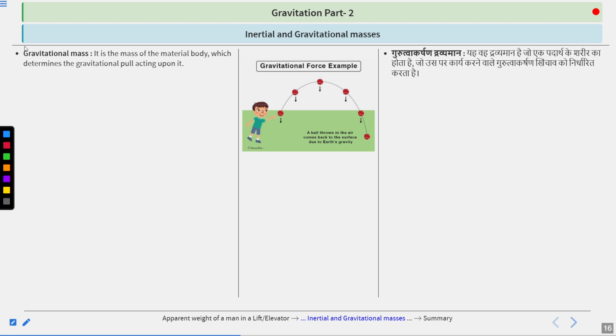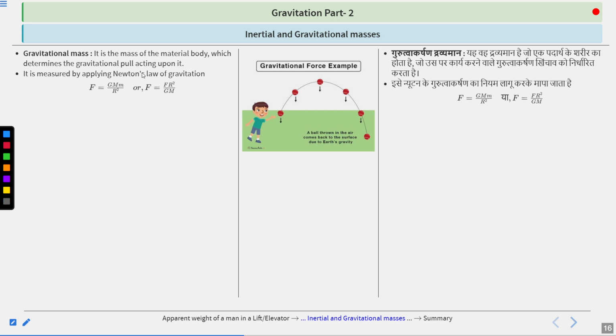Now we have the gravitational mass. What is the meaning of this? So far we have talked about the inertial mass. Now it's time to talk about the gravitational mass. By definition, it is the mass of a material body which determines the gravitational pull acting upon it, through which it could deal with the gravitational pull of itself or any other body acting upon that object.